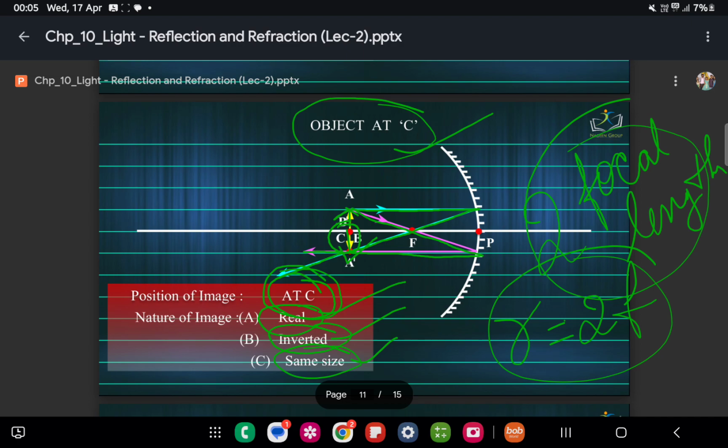It is represented by the radius. The center of curvature to the pole is equal to the radius. So radius is equal to 2 times f. The distance between the image and the concave mirror is represented as d. The object and image distances are both the same, and the image looks the same in size also.